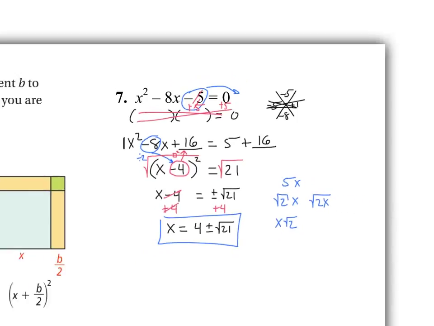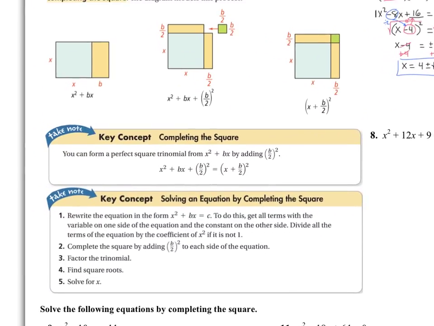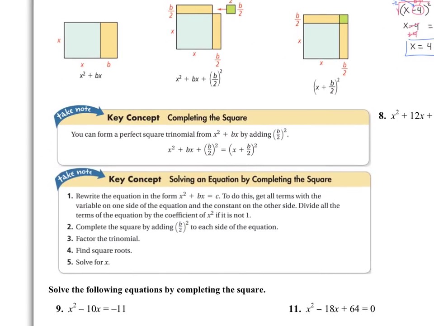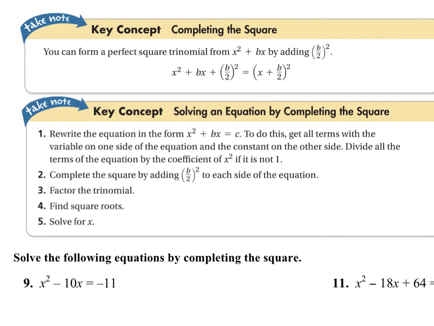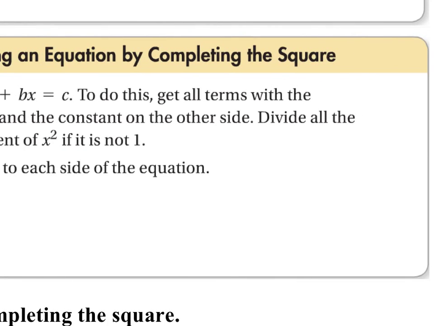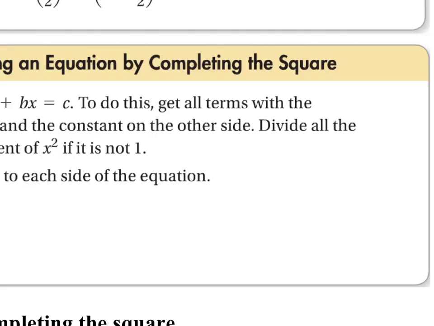All right, so for notes, here's what I want you to write down. I'll put it down here. It says solving by completing the square. The way I want you to show your work is going to be more like this. Let me zoom in a little bit more. You're going to be given an equation, something like, let's just make that x squared, because a has to be a 1.